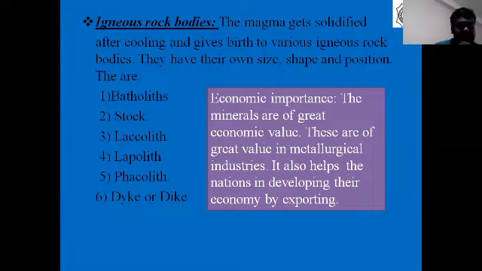They came into existence when liquid material passes through cracks in the country rocks and gets hardened into rock. They are not easily eroded and stand like great walls after the country rock is eroded. So this is about the igneous rock bodies.